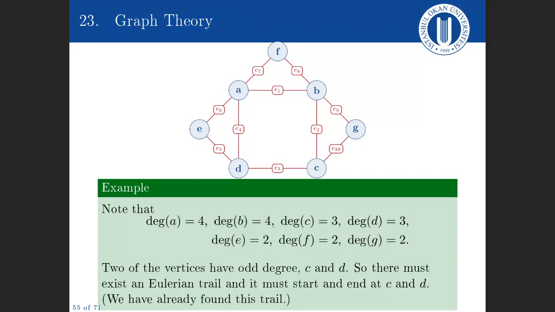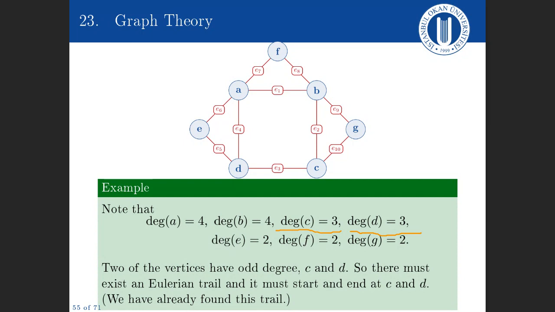And this one, which we looked at earlier, the degree of A is 4, the degree of B is 4, the degree of C is 3, degree D is 3, degree E is 2, degree F is 2, and degree G is 2. There are 2 vertices which have odd degree, and all of the other vertices have even degree.